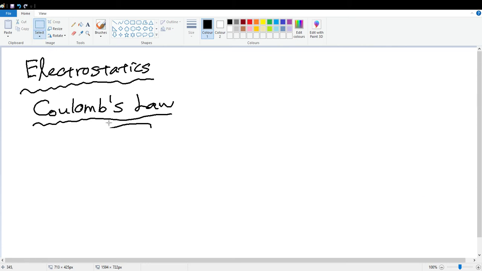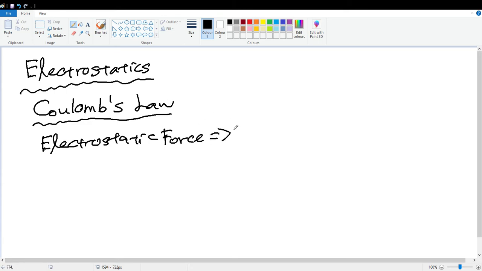We know that the electrostatic force is one of the types of force. Force consists of magnitude and direction.